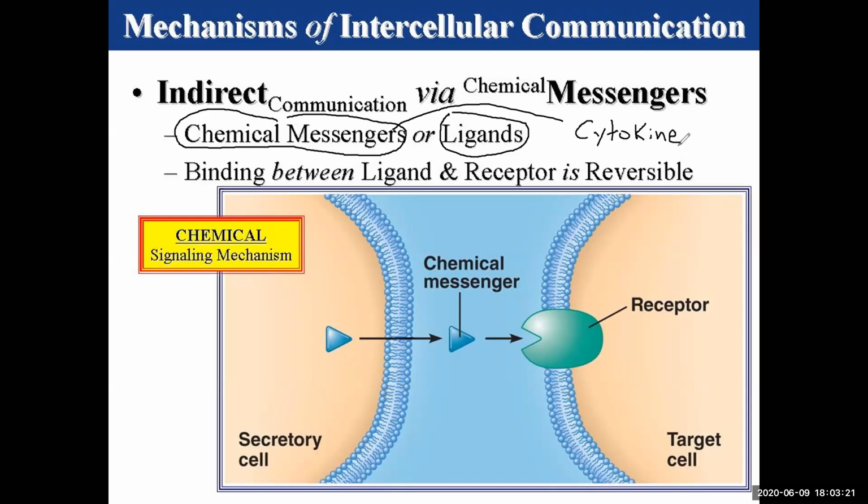One cytokine, two or more cytokines, add an S at the end for plural. Okay. So depending again on the organ system, cytokines for the immune system, hormones for the endocrine system, and neurotransmitter for the nervous system.